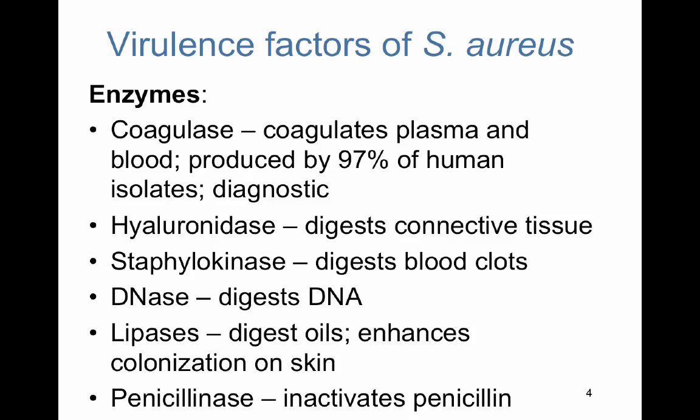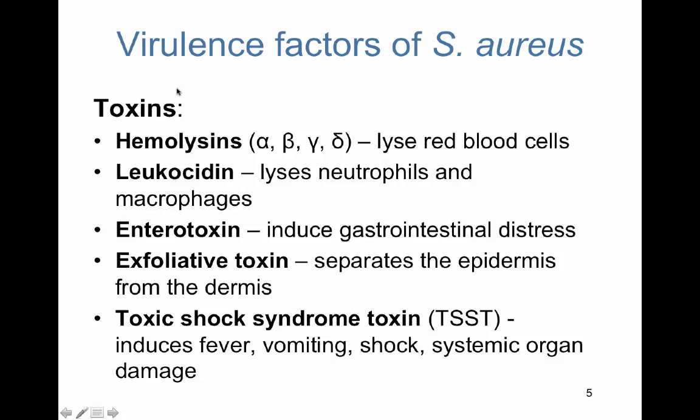We're also seeing VRSA. Now, as far as the second group of virulence factors, so we have enzymes as the first. Second would be toxins, everything from hemolysins, which will function to lyse red blood cells, to leukocidins, which will lyse neutrophils and macrophages. Also potentially exfoliative toxin.